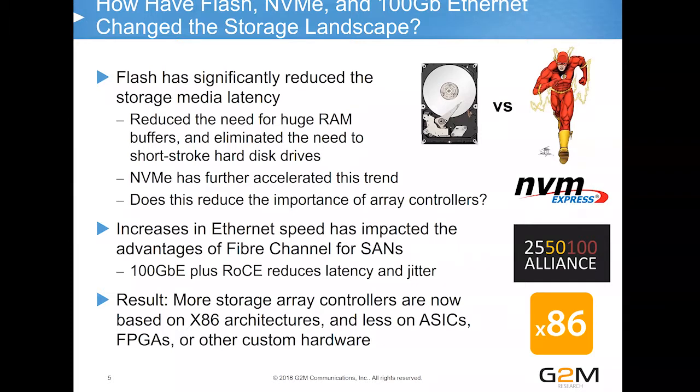You only used part of the disk to increase the speed. Flash got rid of the need to do all those funky things to make things fast. NVMe has made that even more so, as it has closed the gap between RAM performance and flash performance. Does this reduce the importance of the array controller? I don't think so, but we'll let our guests talk about that.